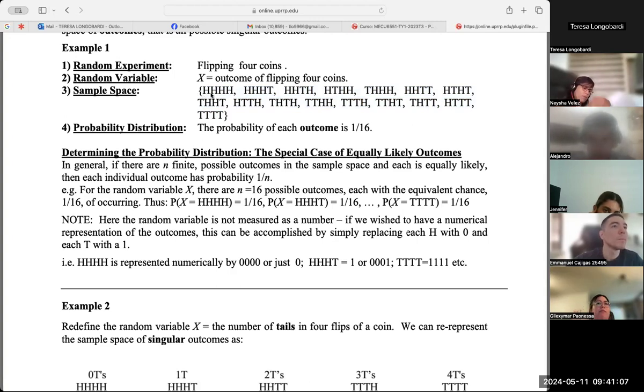Let me show. So you can get into the habit. So for the 4 coins, there's 4 possible outcomes, or 4 slots.